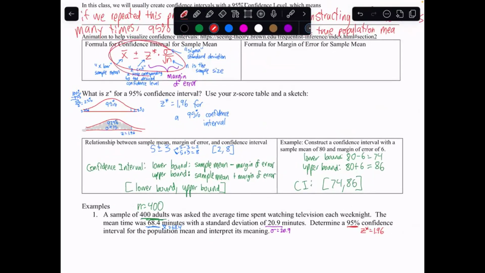So we're going to substitute these into our formula above. Okay, so x bar is 68.4 plus or minus z crit, which is 1.96, and then times the fraction of sigma, which is 20.9, over the square root of n, which is 400.